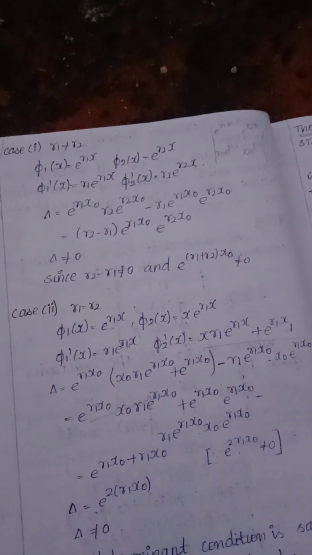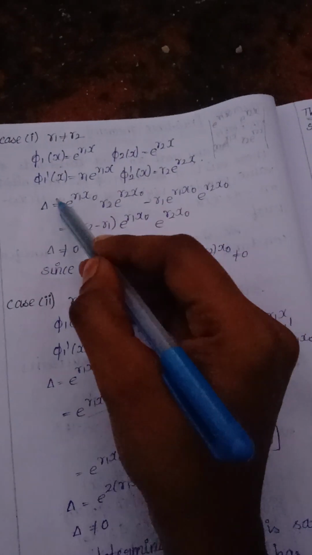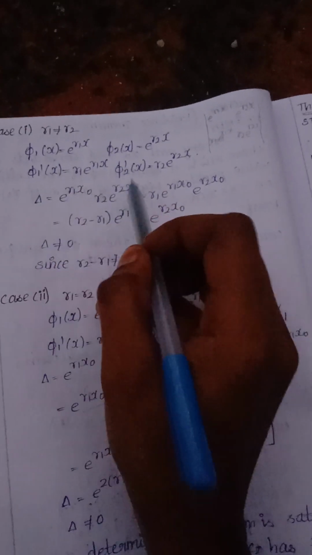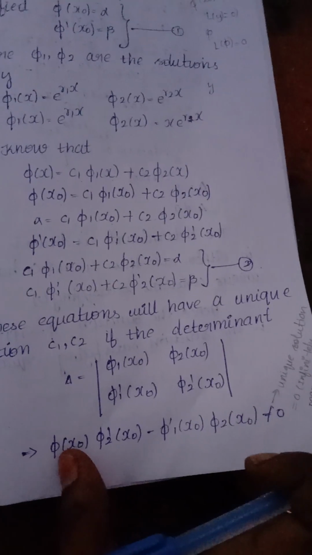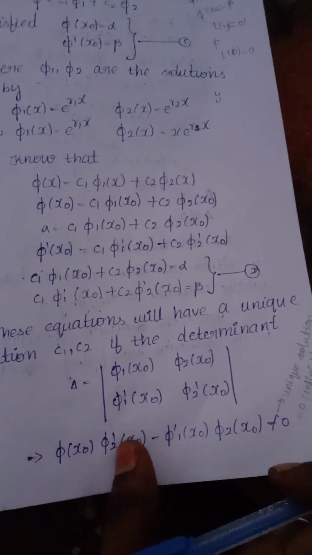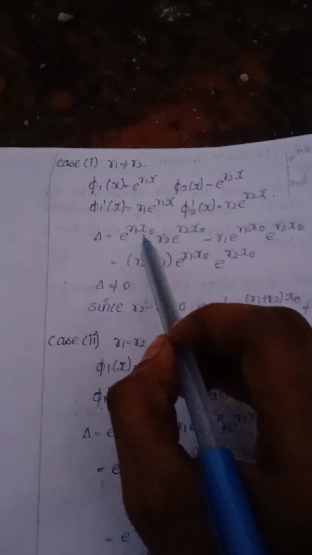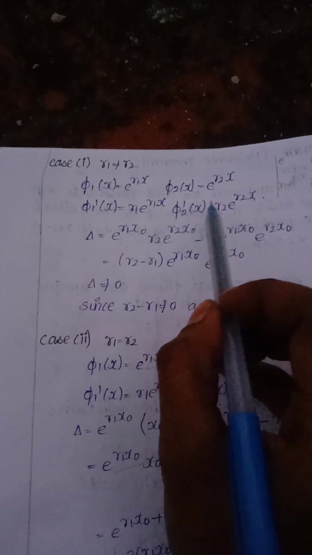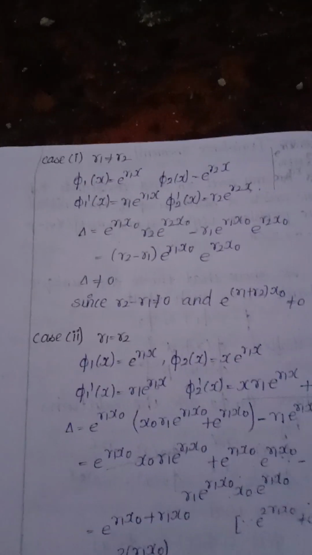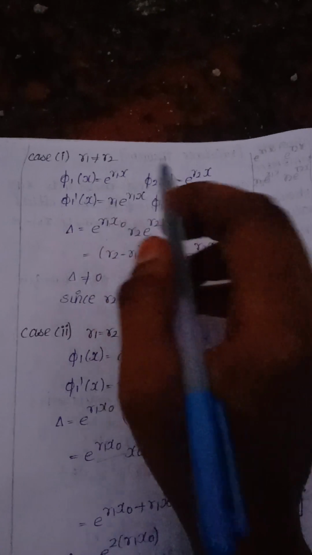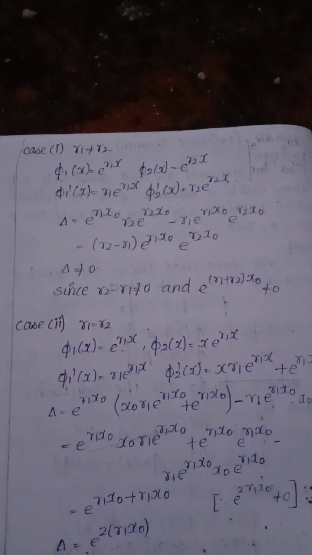So if we substitute the values phi 1, phi 2, phi 1 dash and phi 2 dash in the determinant conditions, here it is phi 1 of x 0, phi 2 dash of x 0. So phi 1 of x 0 is e power r1 x 0, phi 2 dash of x 0 is r2 e power r2 x 0. Here, having x terms, we are choosing x 0 because it is a real value.